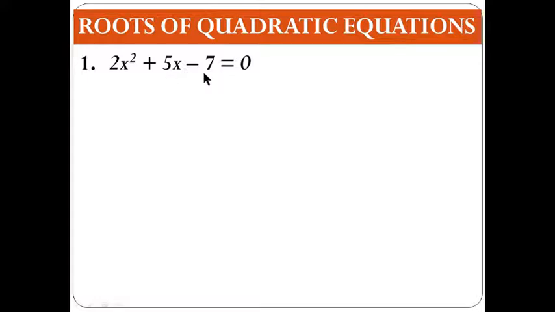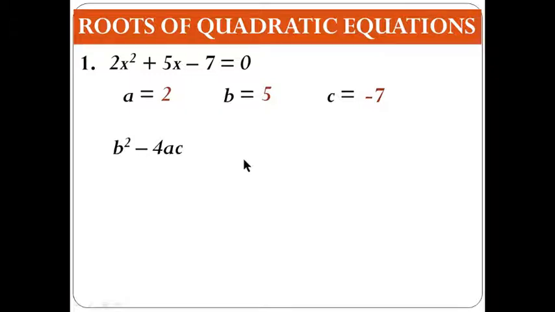Kung hindi siya naka-standard form, kailangan i-transpose it to standard form. Then, identify the values of a, b, c. So, dito, a is 2, b is 5, and c is negative 7.